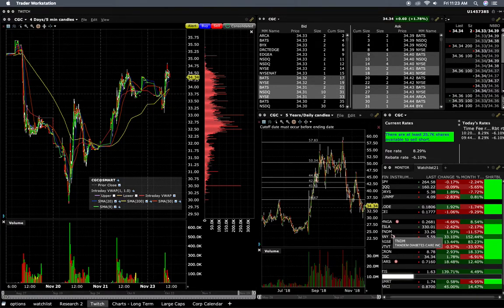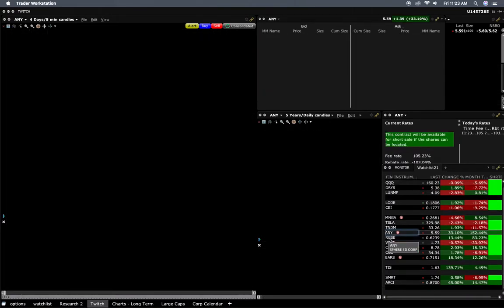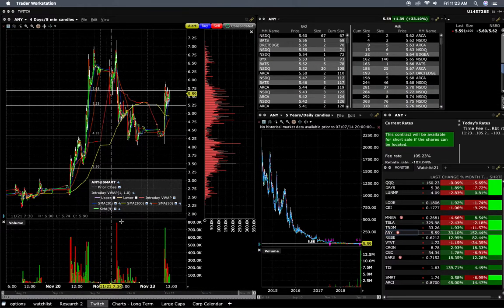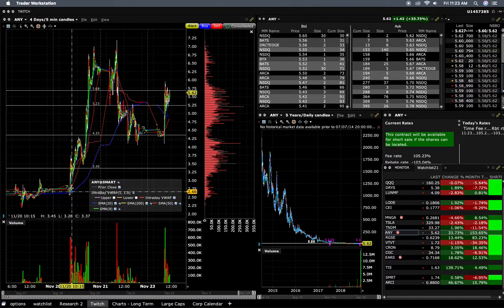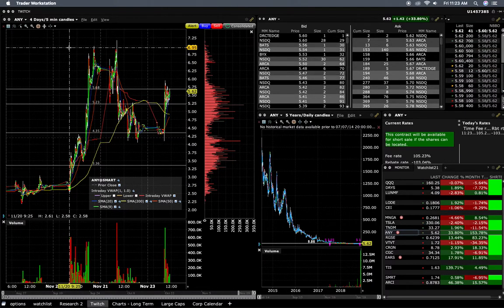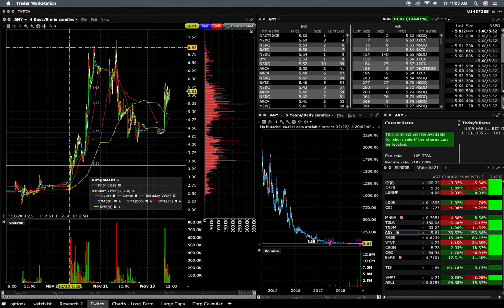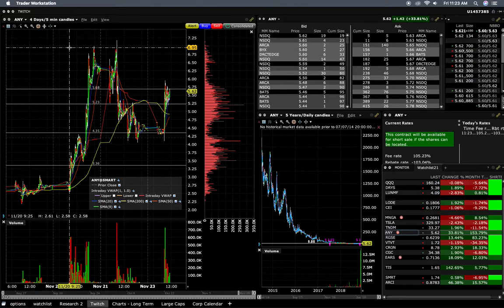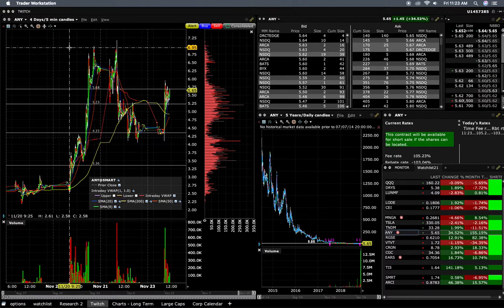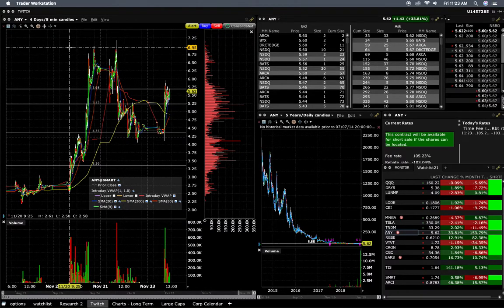Oh, it's up here. So, ANY, right? It has a really small float, and it just went from $2.50 to $7. Okay, so that is a big percent gain, but in overall dollar change of the company, it's not crazy.